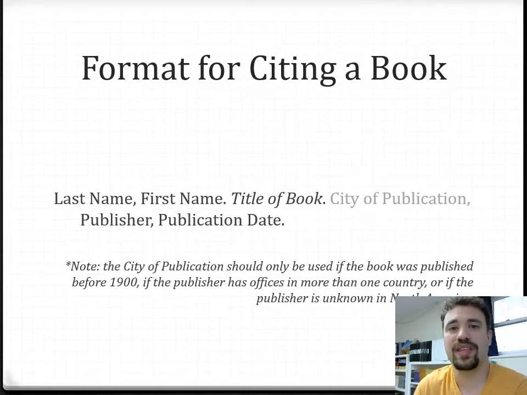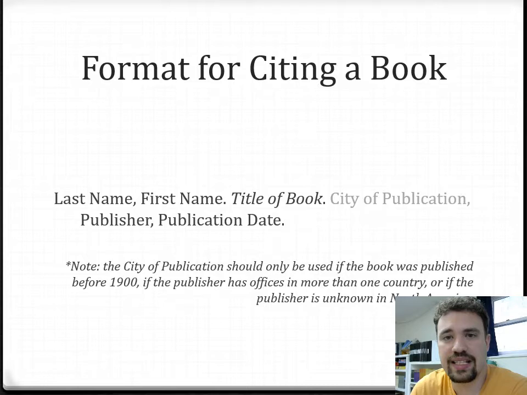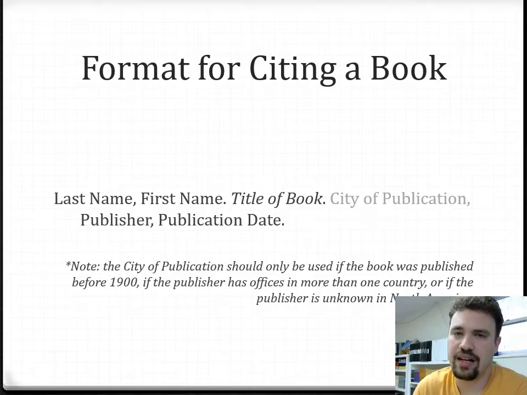If you open up the cover of the book and it says London, New York, Cambridge, right? That means they've obviously got an office in England and in America, so you would flip over to the page where there's all the tiny publication information, see where this particular book was published, and include the city of publication.